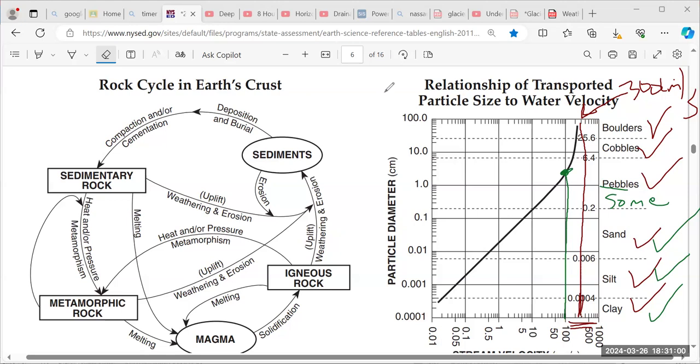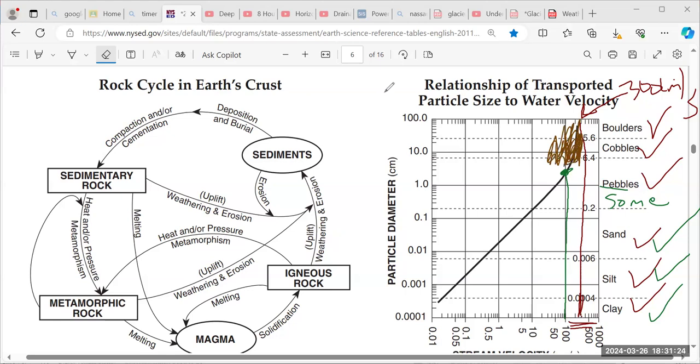So what can I not carry anymore? When I went from 300 to 100, I lost this area right here that I'm shading in. That's how much it decreased.